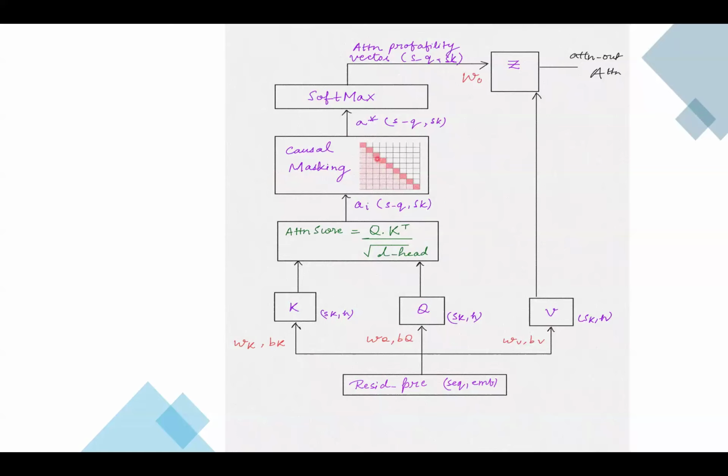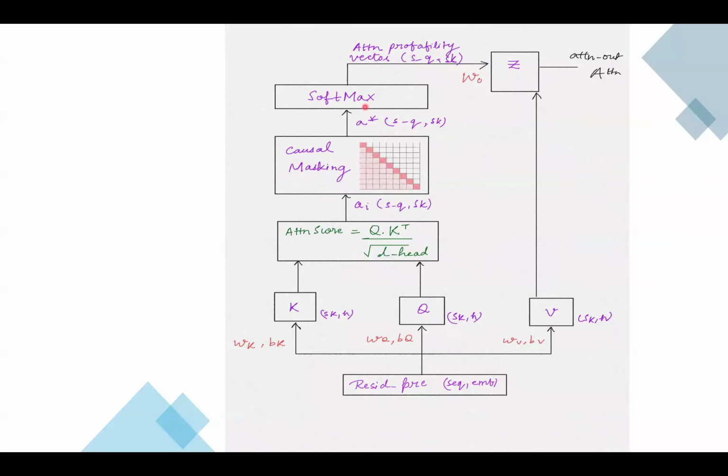The second token can do it for itself and the first token. So it can have the information from the past, which has already been generated in real time, but it cannot have information from its future. So this is known as causal attention. That's why the attention mechanism in the language model is known as causal attention.